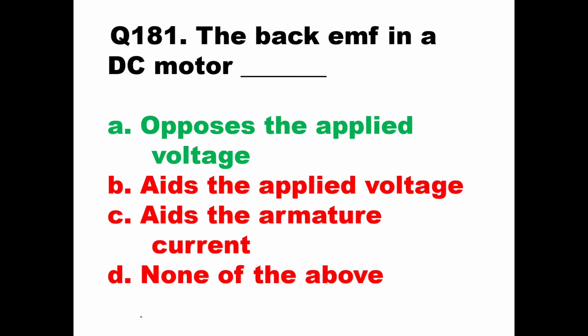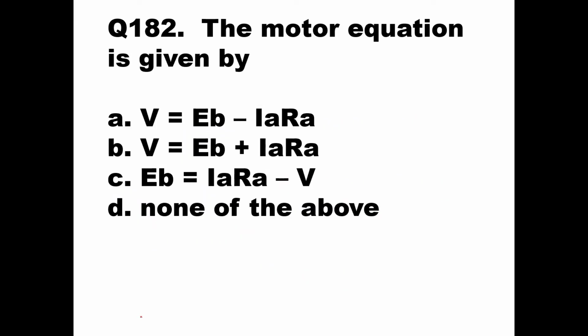Then we'll go to the next question. The motor equation is given by which equation in the options? The motor equation is always the voltage equal to back EMF plus the voltage drop in the armature winding, that is IA into RA, armature current into resistance of the armature.